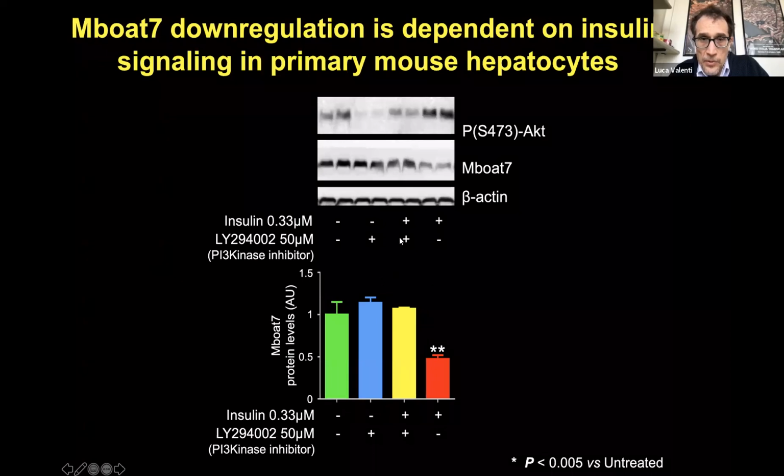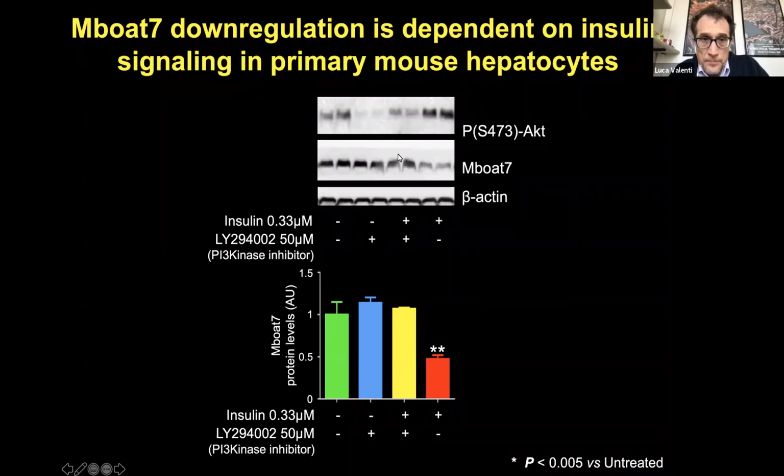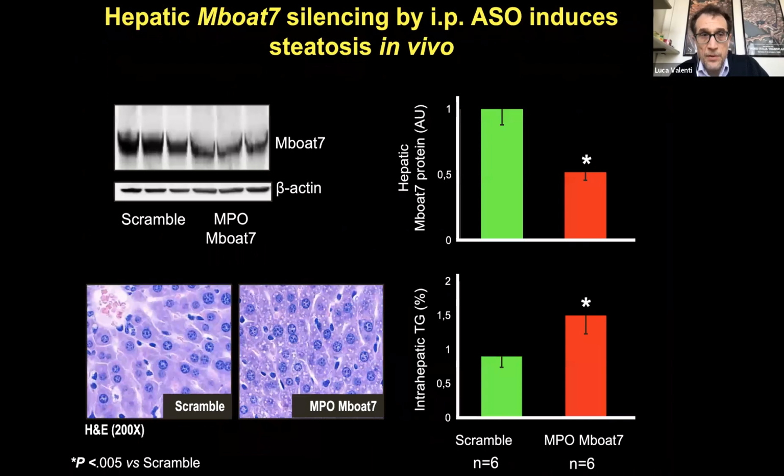The downregulation was completely inhibited by pre-incubation with a PI3 kinase inhibitor, whereas the upstream kinase AKT phosphorylation was not, suggesting that this was a mediator of the process of downregulation, probably exerted at gene expression level by FOXO transcription factor.